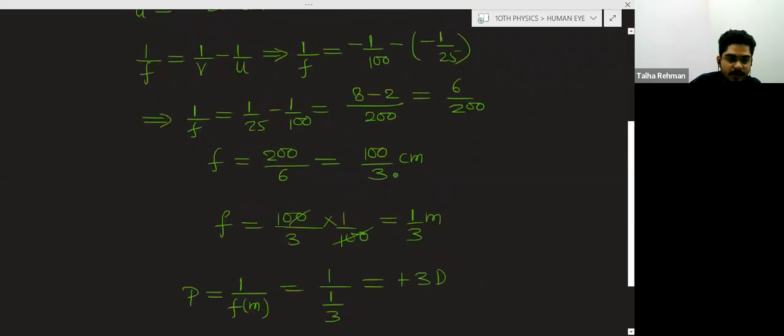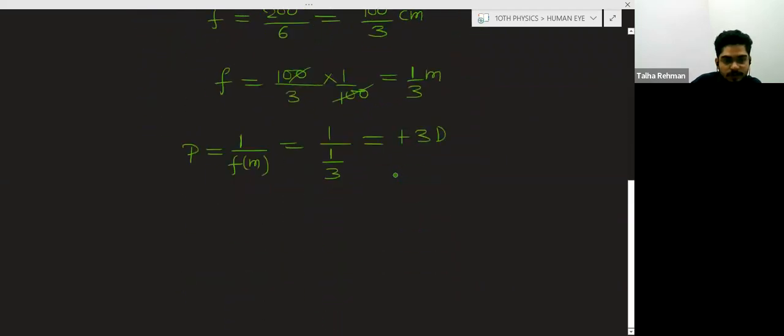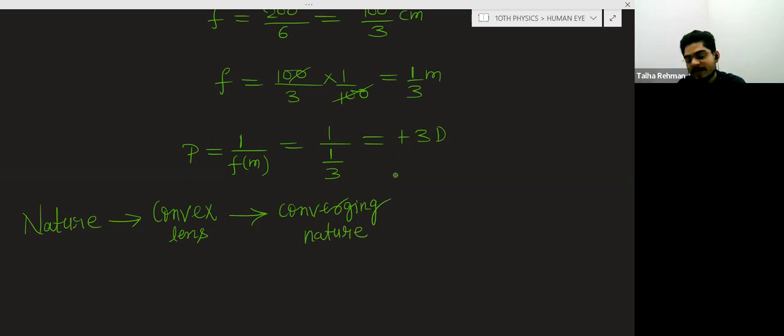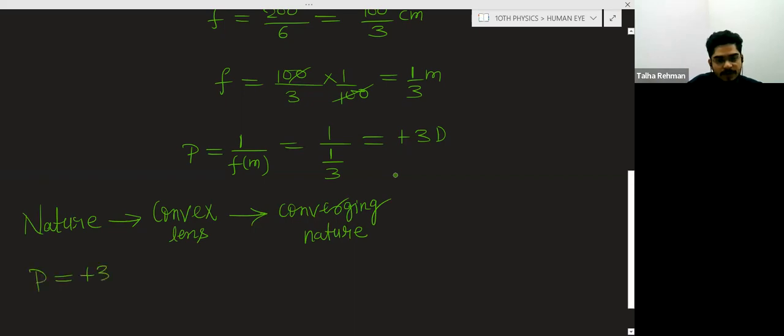So now here write what is the nature of the lens. What lens we are using to correct hypermetropia? Convex lens. So convex lens has the converging nature. We know convex lens always converges the rays, and power of the lens is equal to plus 3 diopter.